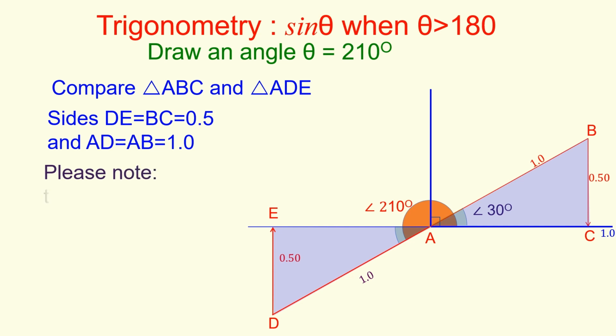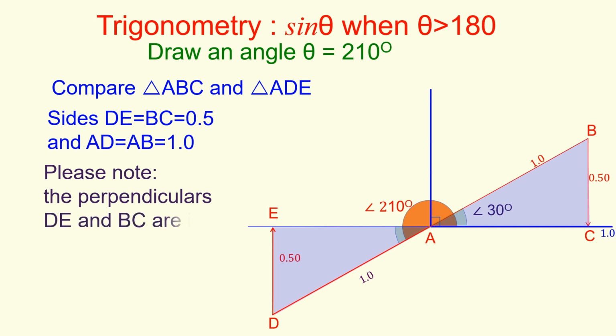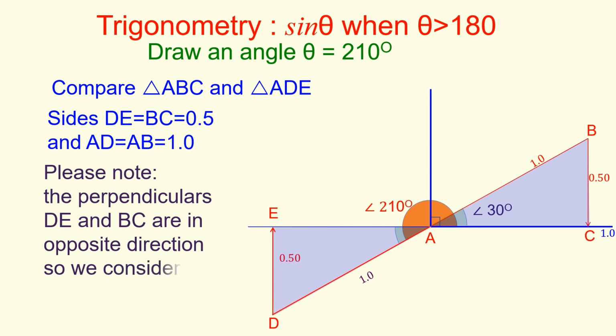Compare ABC and ADE. Sides DE equals BC equals 0.5 and AD equals AB equals 1. Please note, the perpendiculars DE and BC are in opposite direction, so we consider DE equals minus BC equals minus 0.5.